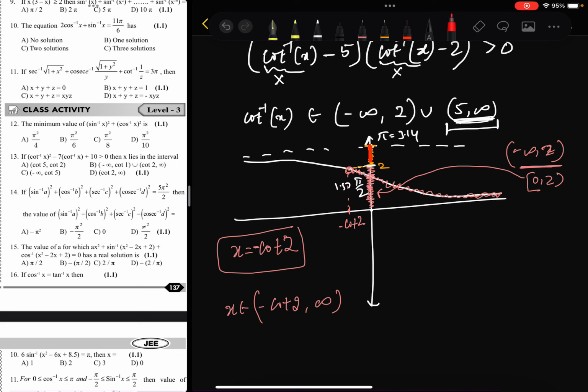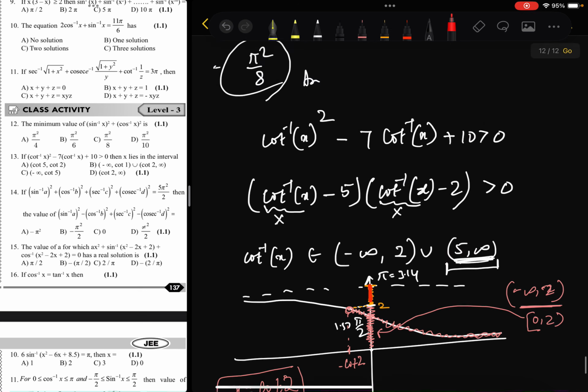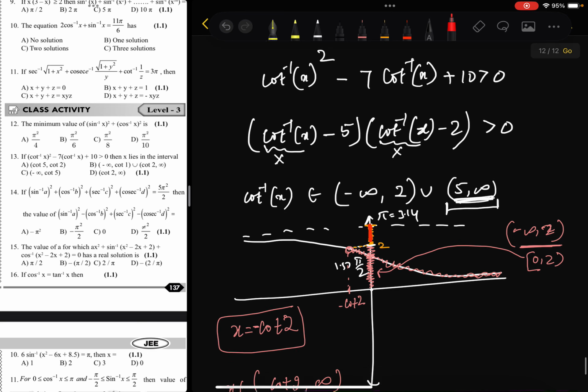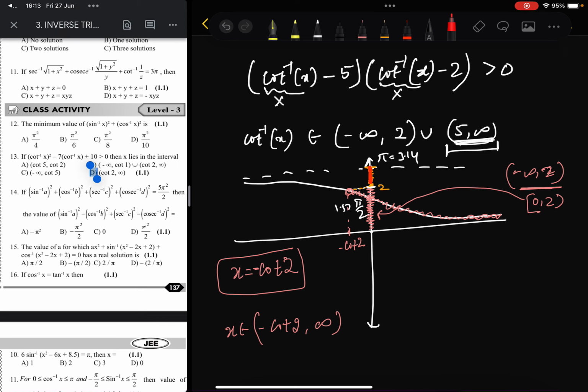See, minus infinity to 2, 5 to infinity. Yes, this is correct. So I think option D is correct, but the minus sign should be there. In option D, minus cot 2 should be there.